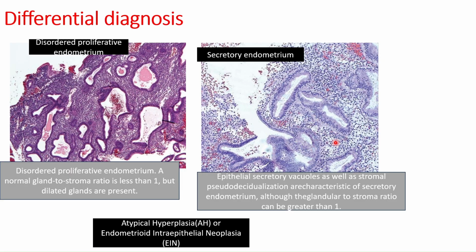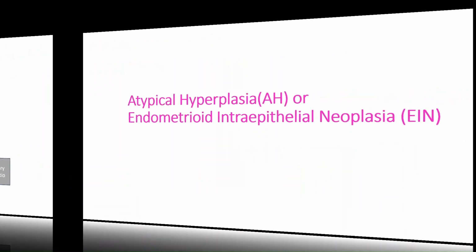Though gland-to-stroma ratio is high in secretory endometrium, we can make out here the edematous stroma, some of it having a pseudodecidualized appearance. So this is again a differential diagnosis of hyperplasia. And third is atypical hyperplasia or endometrial intraepithelial neoplasia, which we are discussing in detail.